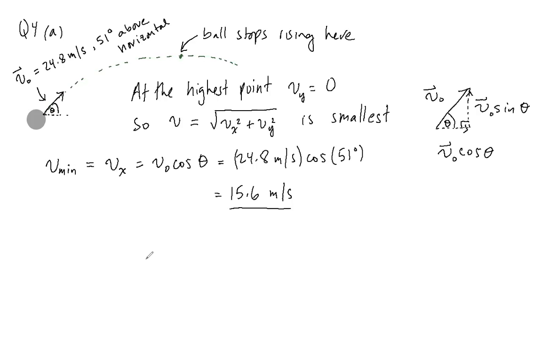All right, so basically what we're talking about is the distance between this location here and this location. Okay, so we're talking about this distance. This is what we're calling D. Okay, so that's part B.